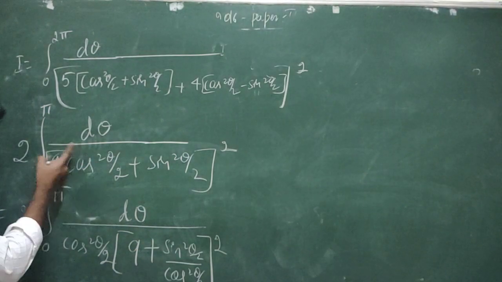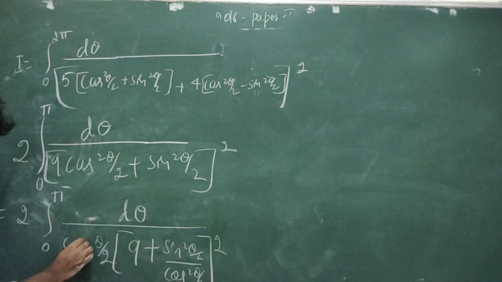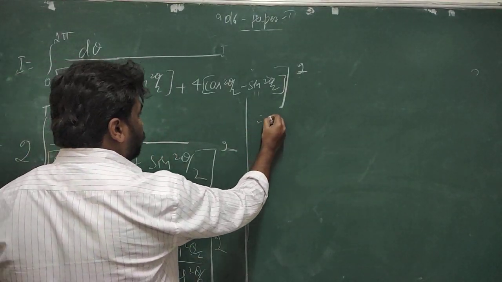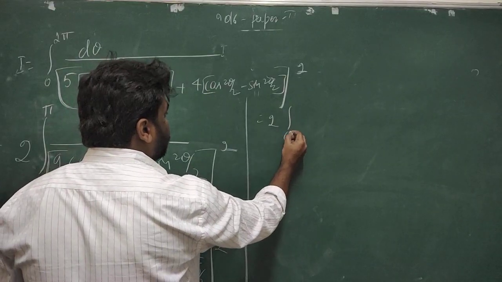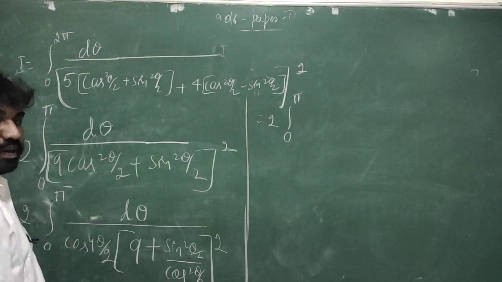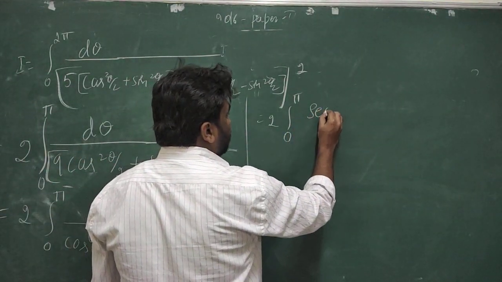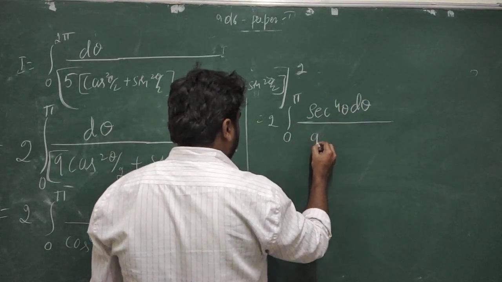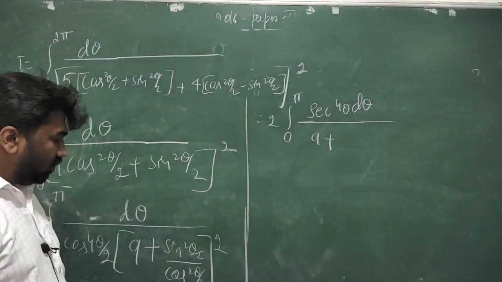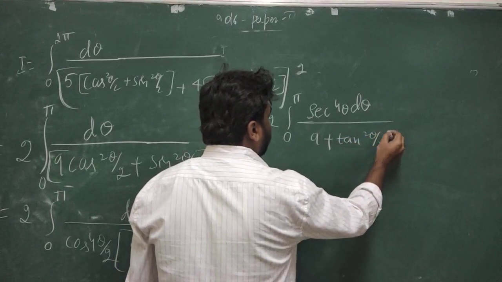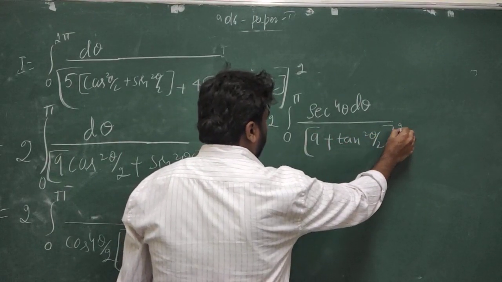Taking cos square theta by 2 outside, with one more square, it will be cos power 4 theta by 2. So 1 by cos power 4 can be written as secant power 4 theta by 2, d theta divided by 9 plus tan square theta by 2, whole square, since sin square by cos square is tan square theta by 2.